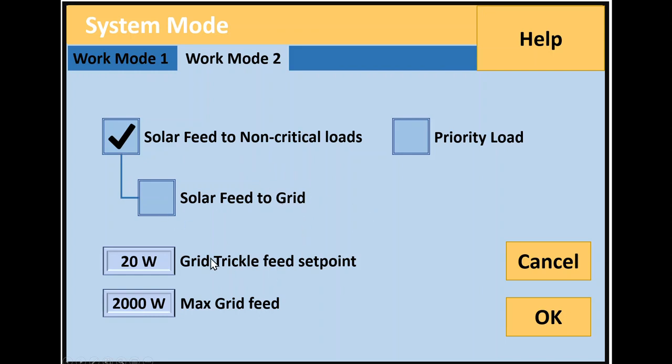And in this case, this becomes a valid number, in other words, your grid feed trickle set point. I'm not going to go into why that is necessary now. I think SunSync Keith has actually explained that fairly well in some of his videos. Right, so that's the second possibility.